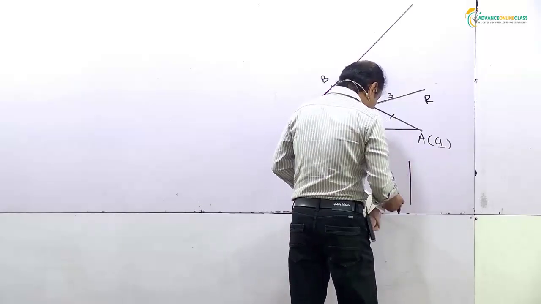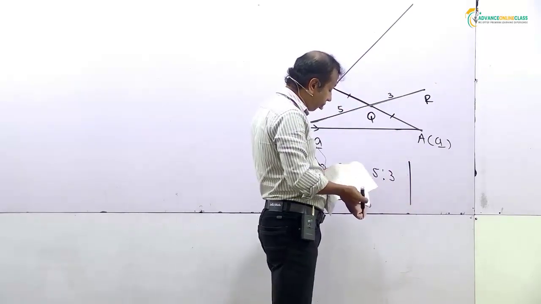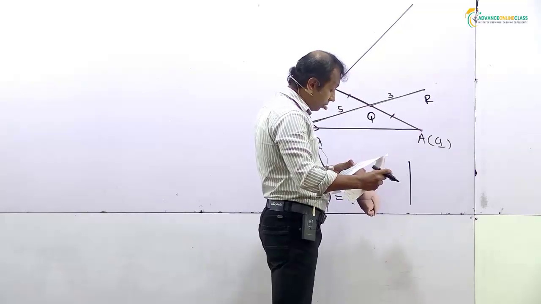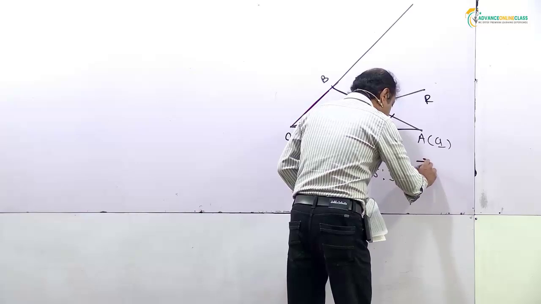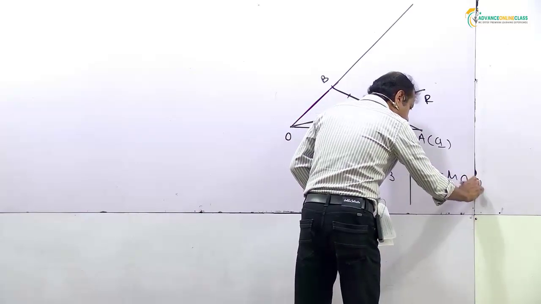You are given something like this: OS vector equals mu OQ. What do you mean by this?